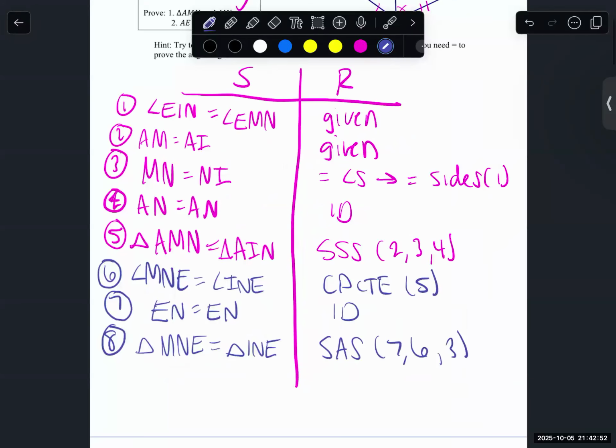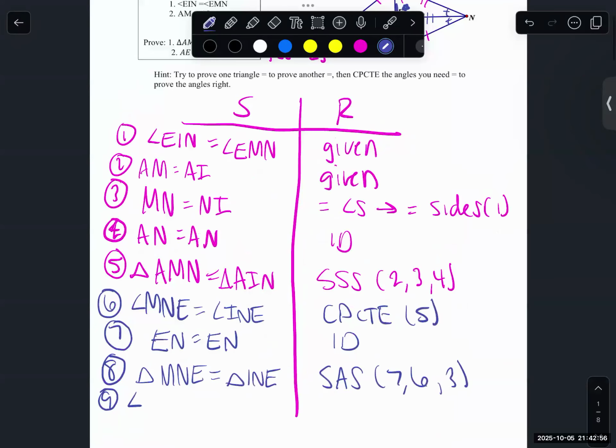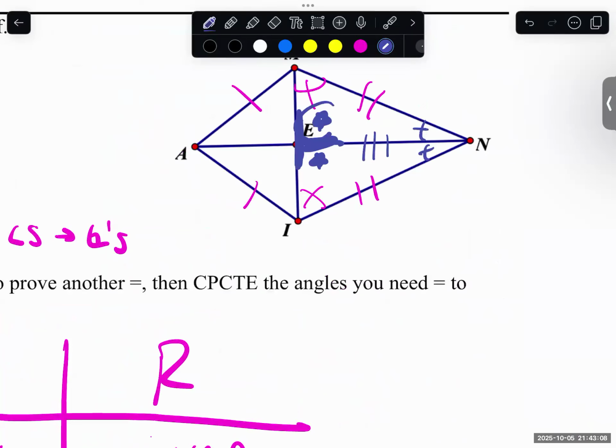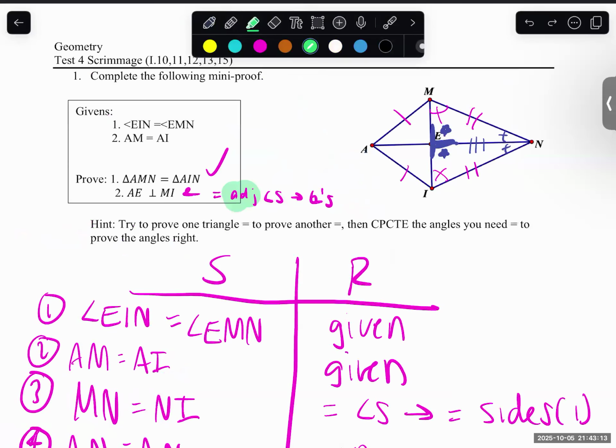And now I can go on ahead and say angle MEN is equal to IEN by CPCTE, line 8. And again, I'm doing that because once I get these angles equal, well, now I can use this guy to say that they're right.